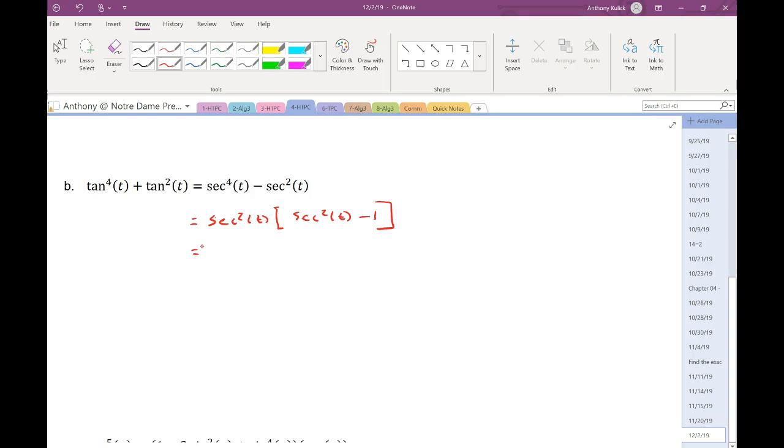Because if you did that first, you would notice that secant squared minus 1 is something on our sheet. It's tangent squared. And what is secant squared on our sheet? It's tangent squared plus 1. And then if we distribute, we're done.